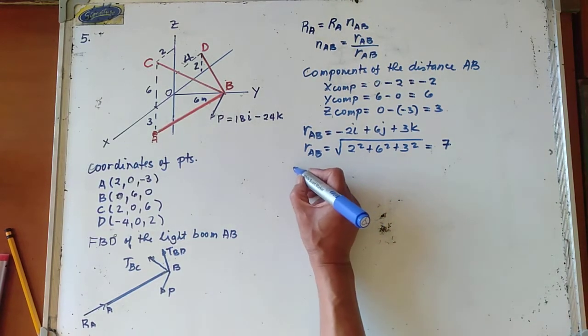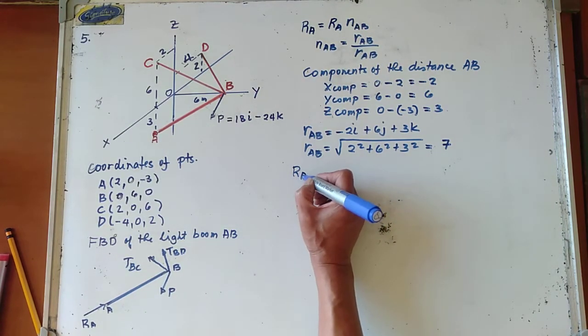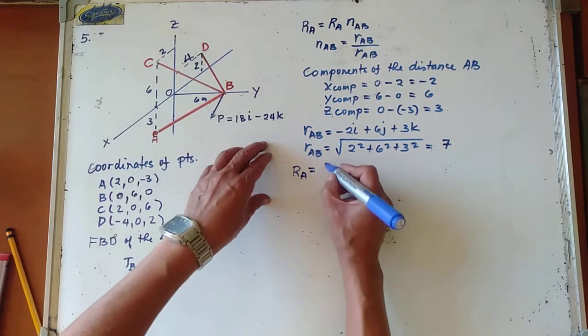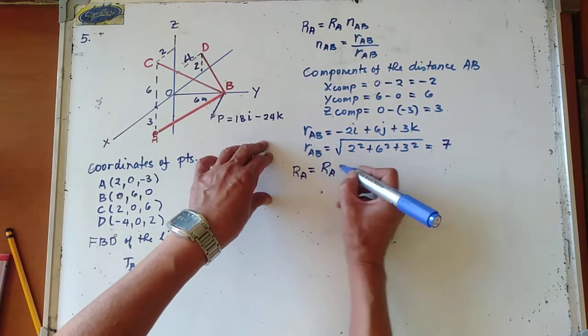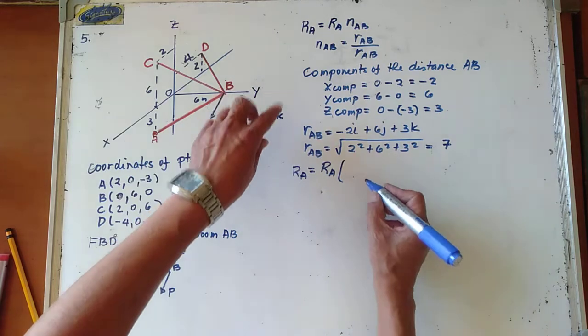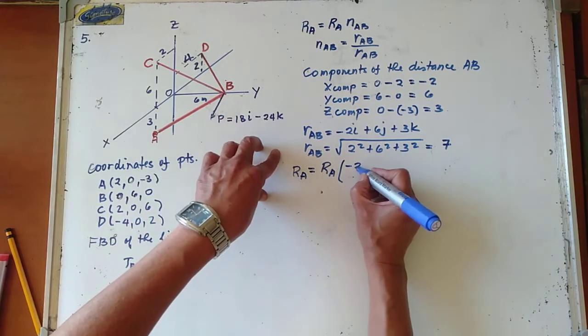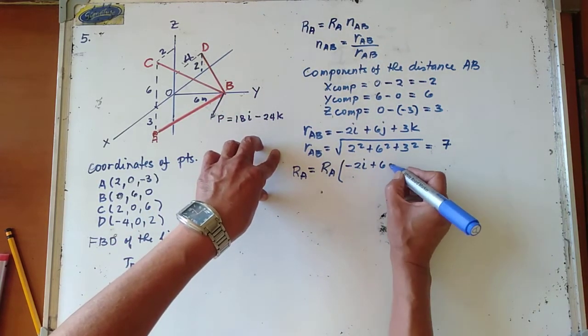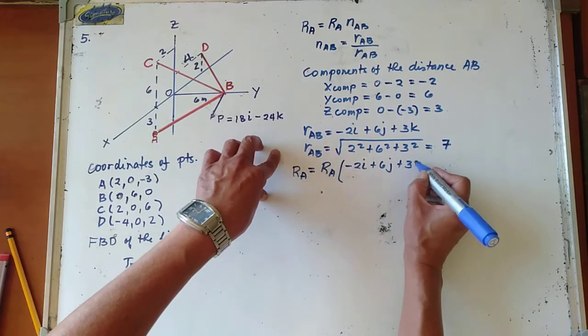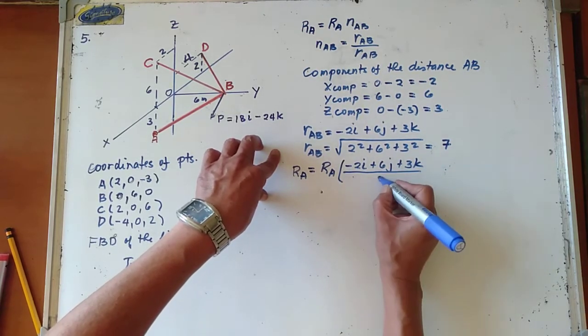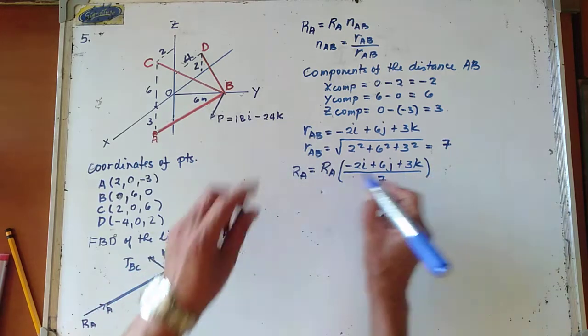Hence, RA in Cartesian form is RA times the unit vector AB, minus 2i plus 6j plus 3k all over 7.